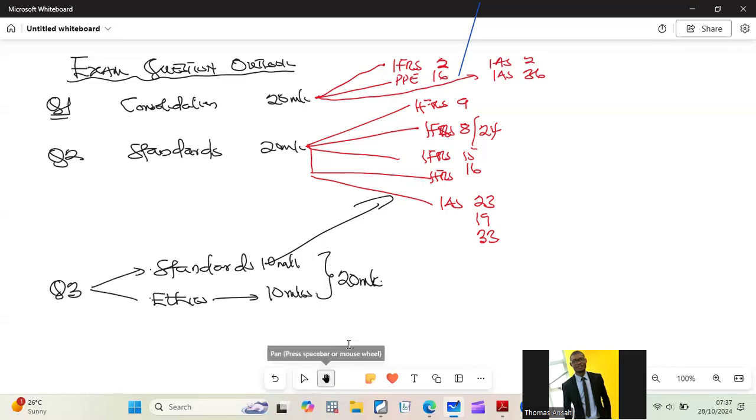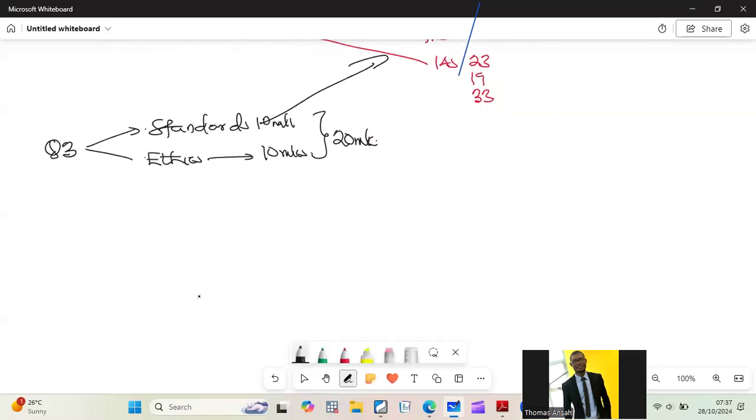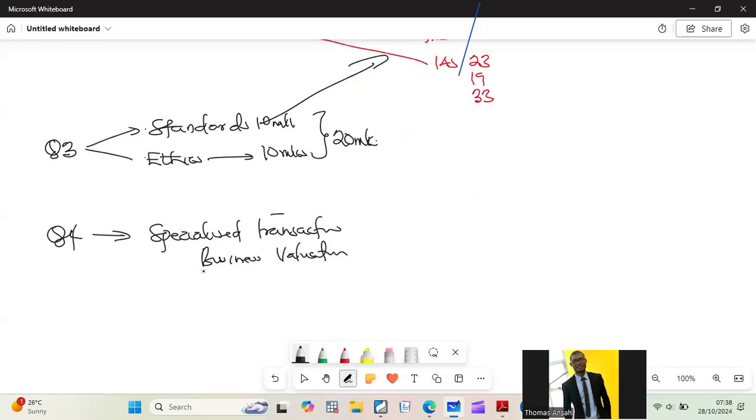All right. Then your question 4. Question 4 is going to be on specialized transactions. Now, the specialized transactions are business valuation and reconstruction.